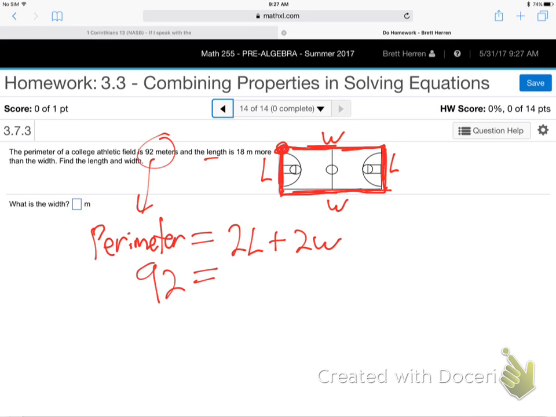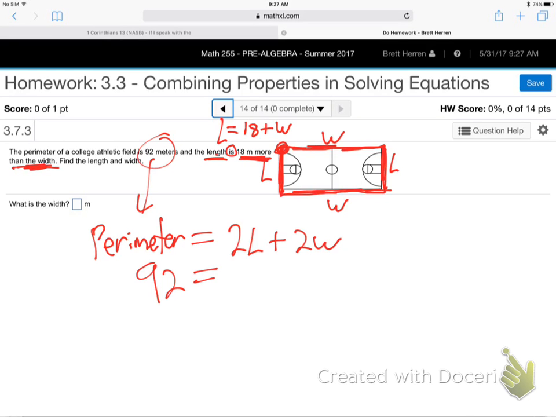What's it saying here? Length is 18 more than width. What does that mean? L equals 18 more. Don't worry about the meters, it's just units. 18 more? What is more? Plus than width. That means L equals 18 plus W, doesn't it?